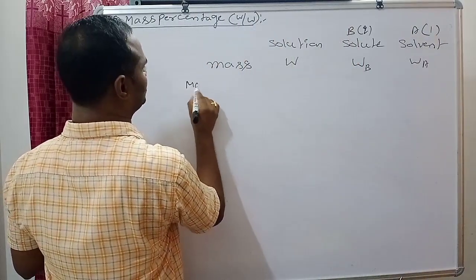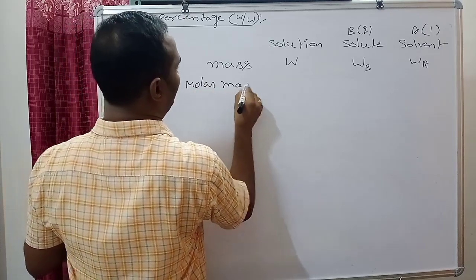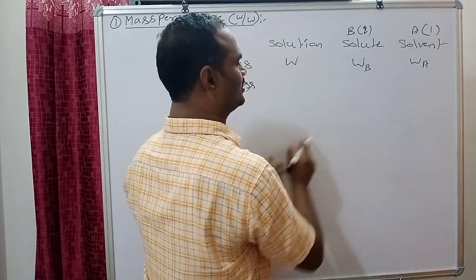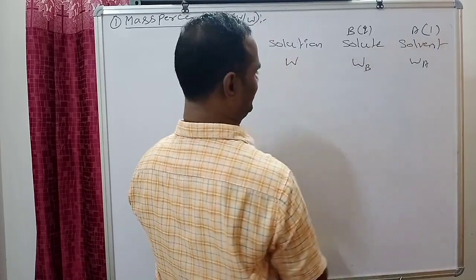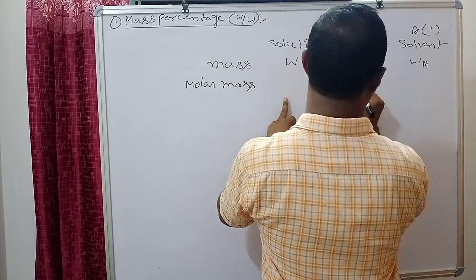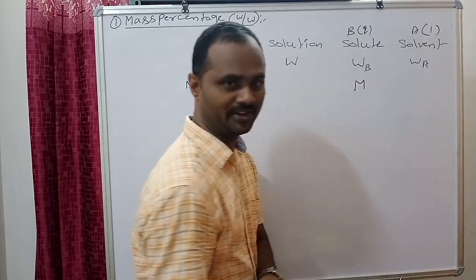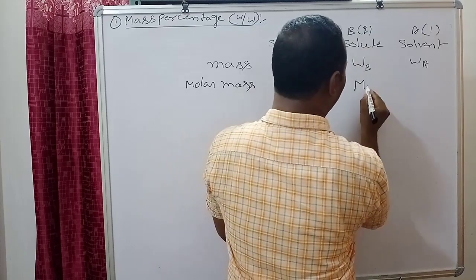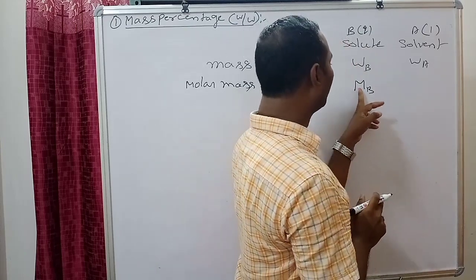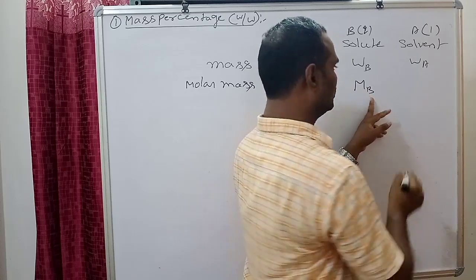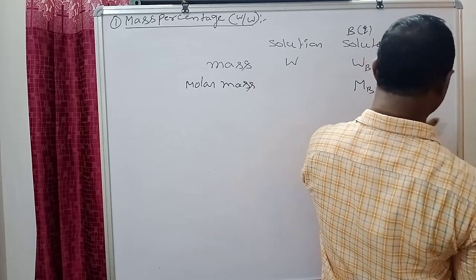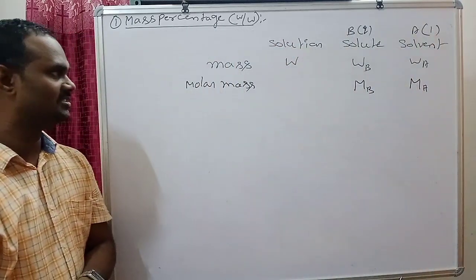Suppose molar mass. What symbols are we using? Molar mass of solution, it is the mixture of solute and solvent, so there is no symbol for solution molar mass. Solute molar mass, capital M, with B or 1. Molar mass of solvent is indicated with M suffix A. Is it clear?